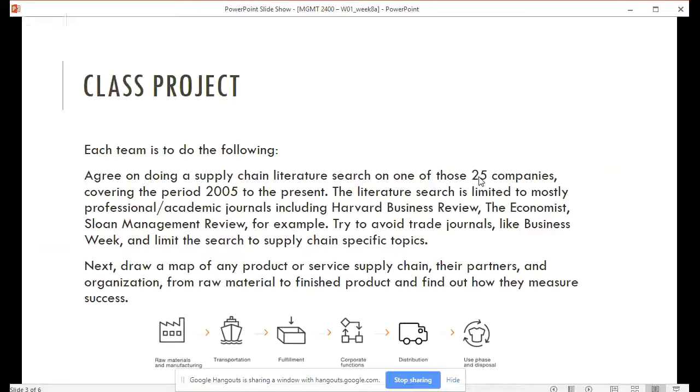So after doing a literature review about a particular supply chain, about analyzing a particular company or their partners or their members in a supply chain, and you can assume that this particular company will be a focal firm, you will draw a map of their supply chain.